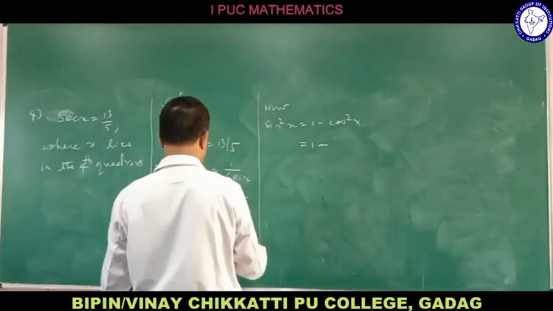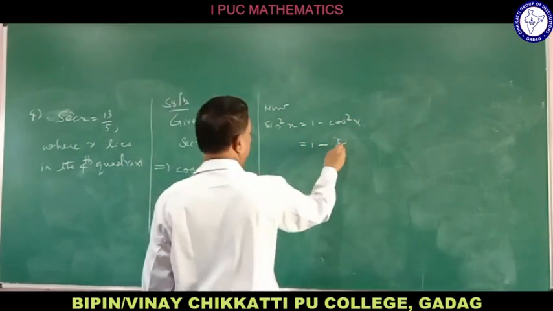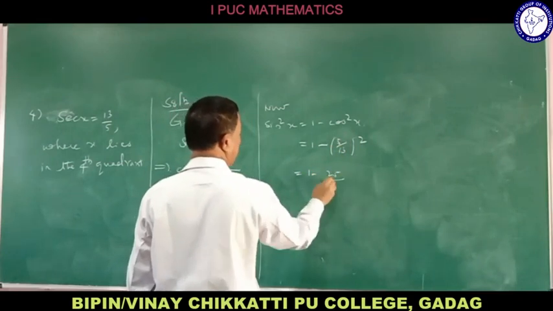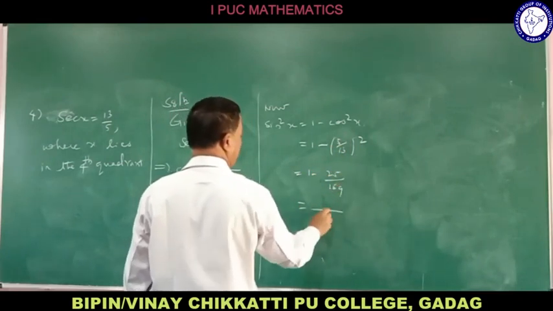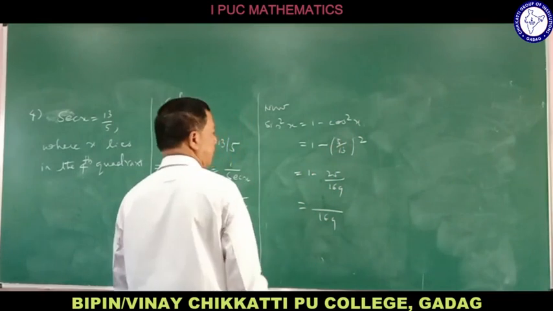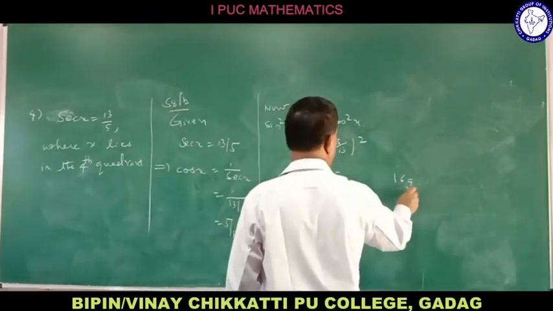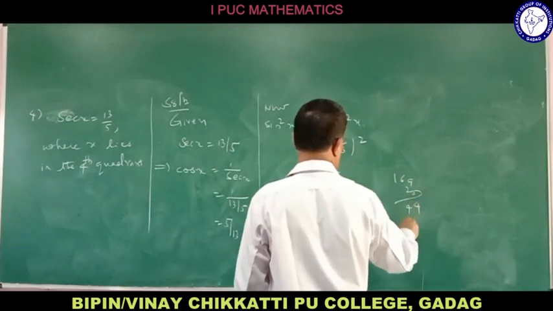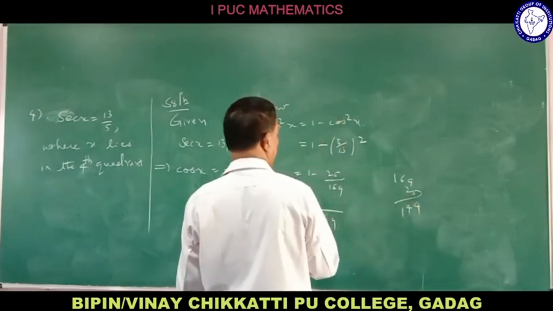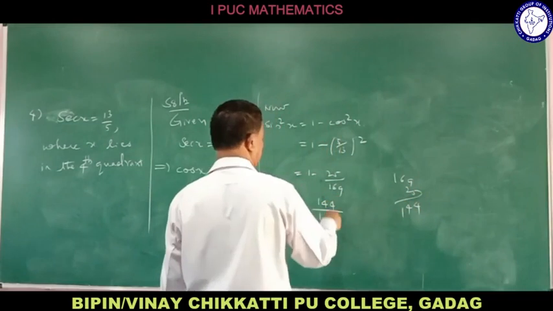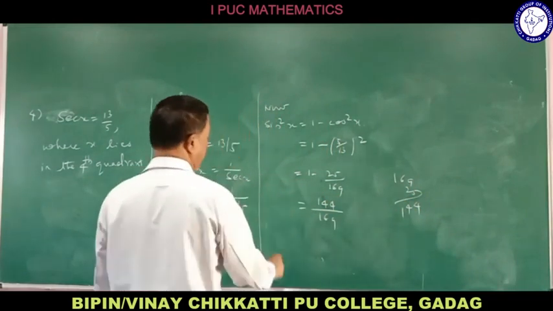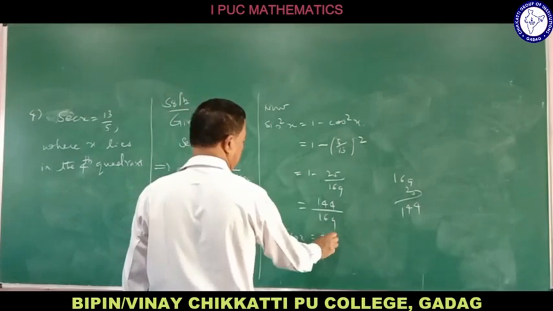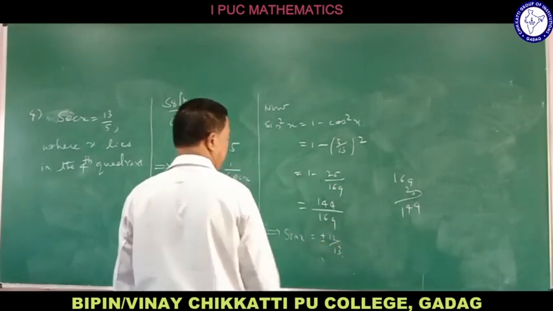Cos x is 5 by 13, so this is 1 minus 25 divided by 169. So you go for 169 minus 25, that is 144, and this is 144 by 169. So this implies that sin x is equal to plus or minus 12 by 13.